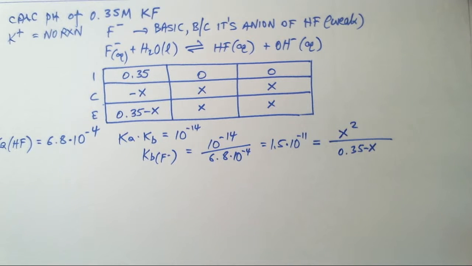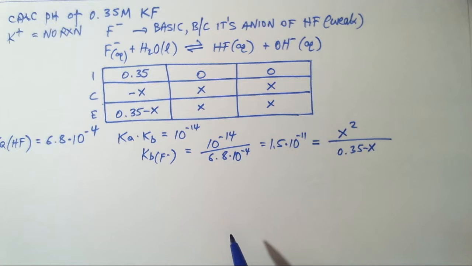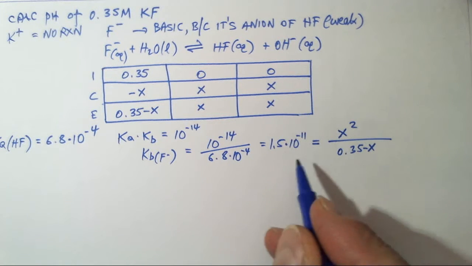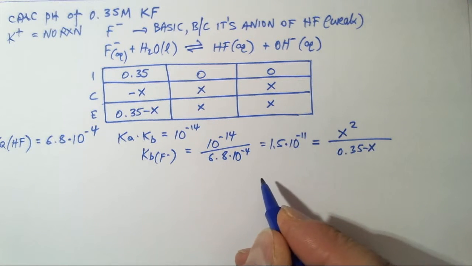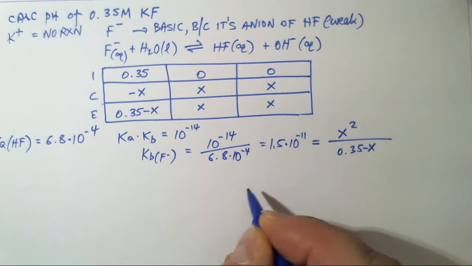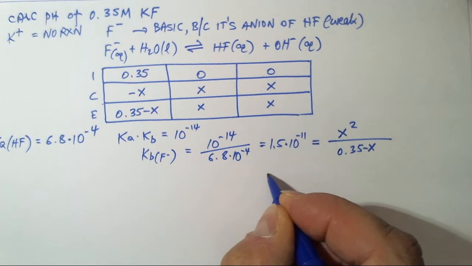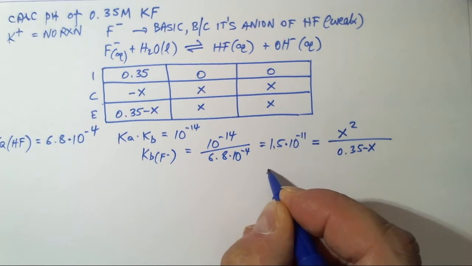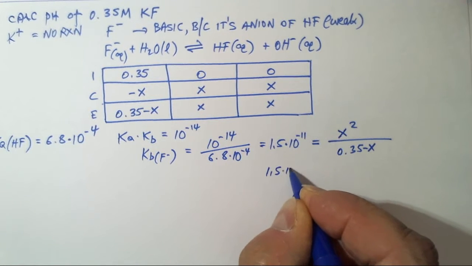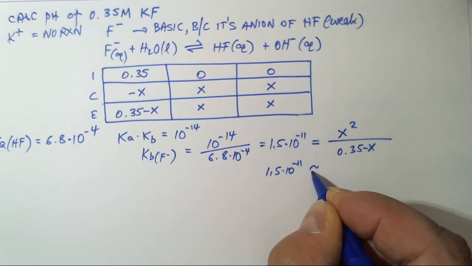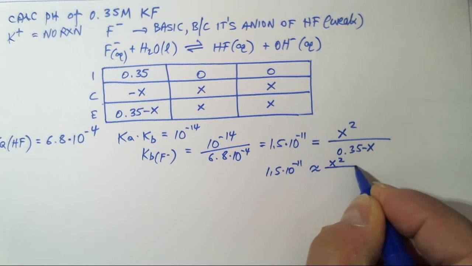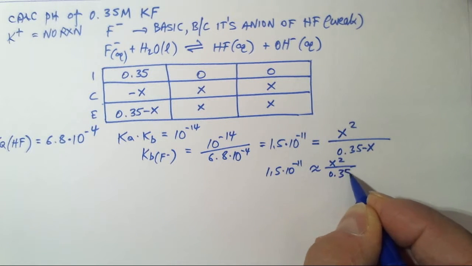Well, this often works out to be a quadratic equation. We're probably not going to need one. Let's find out what x would be if we did an approximation. In other words, this is the approximation where we say 1.5 times 10 to the negative 11 is approximately equal to x squared over 0.35.